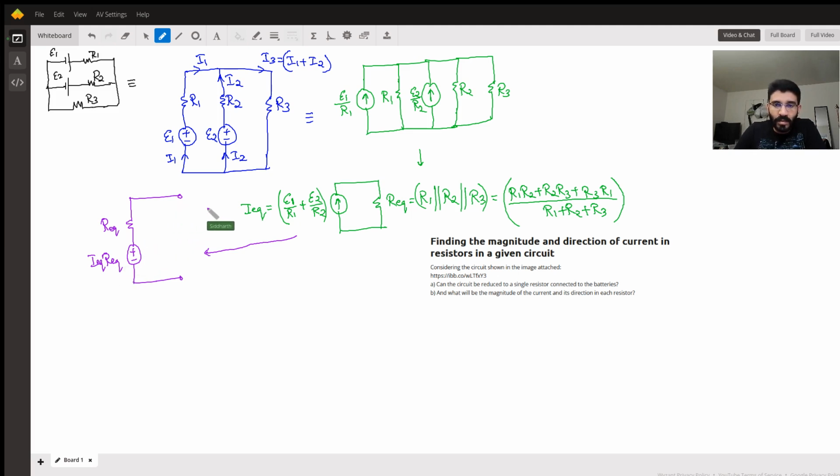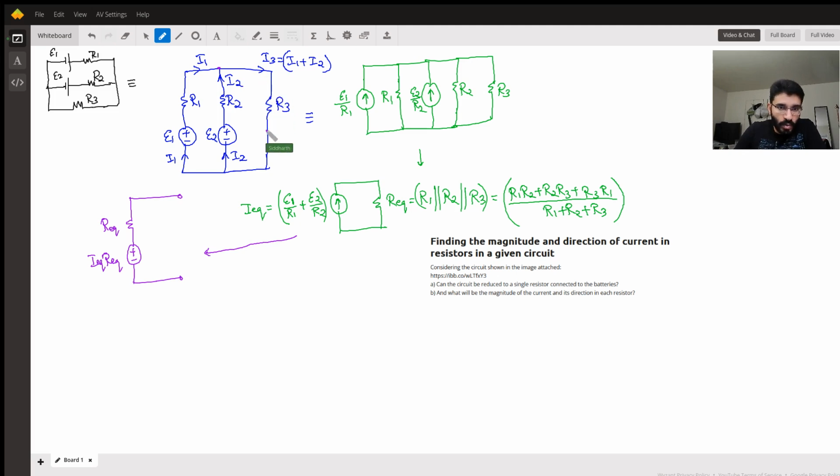Now the second part of the question asks us to find out what will be the magnitude of the current and its direction in each resistor. So if I assume the direction of the current I1 through this branch is in this direction, the I2 is in this direction. If you do a KCL at this point, you can see that the overall current will be I1 plus I2, which is equal to I3, which is the current in this branch.